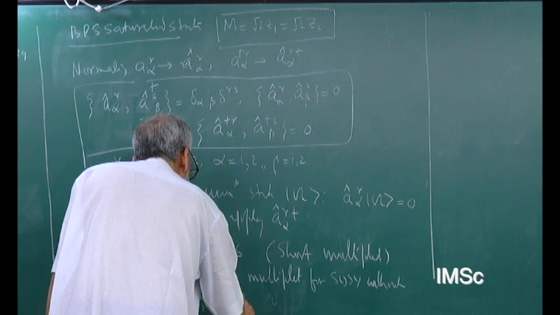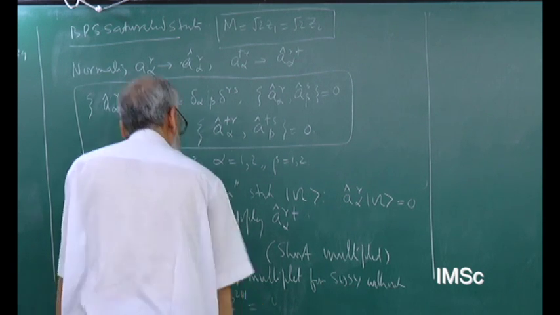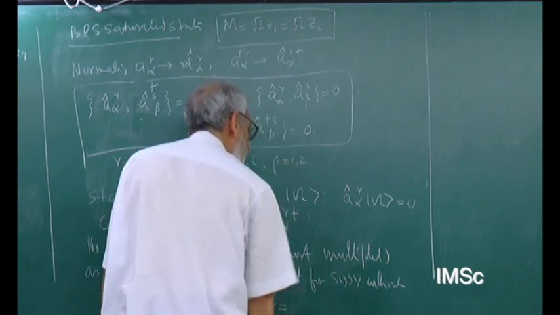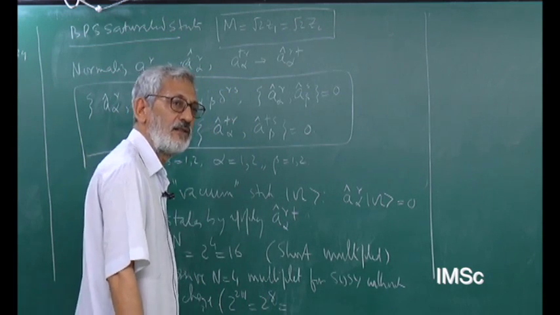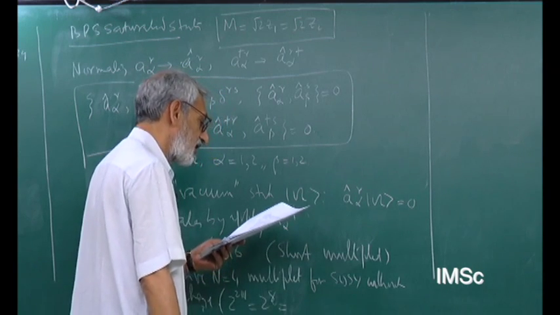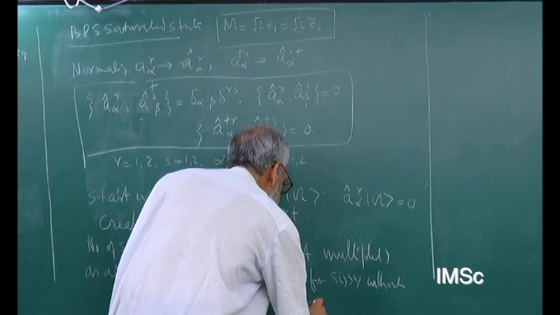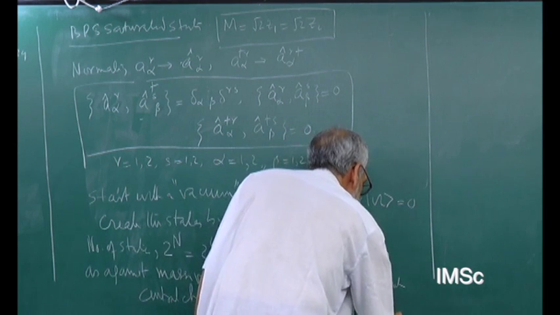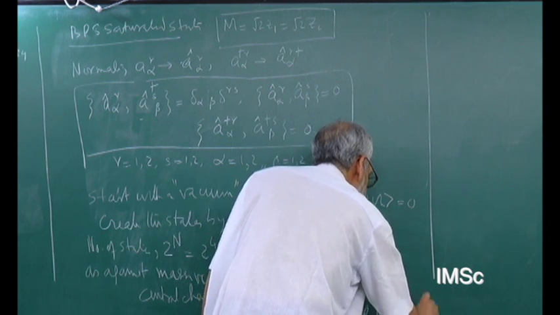And that number was 2 to the 2n, and how much is that? 2 to the 8, and 2 to the 8 is 256, is that right? It's a long multiplet.